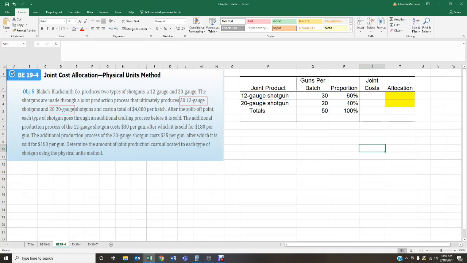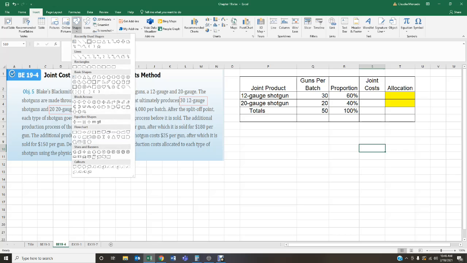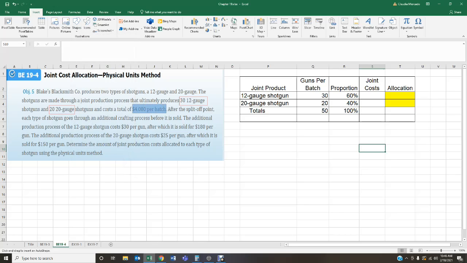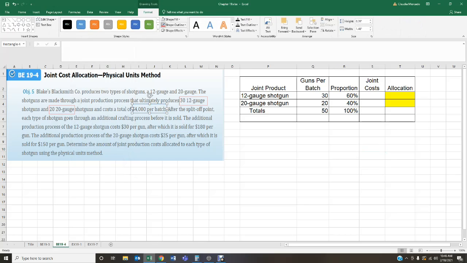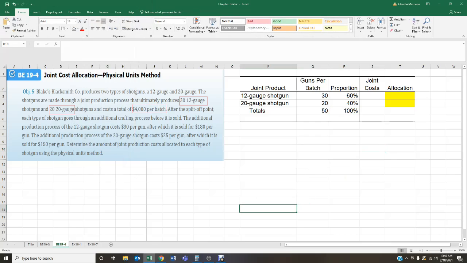Now, what is the cost per batch? What am I allocating? The problem said that we are allocating the cost of $4,000 per batch. So my joint cost is $4,000.